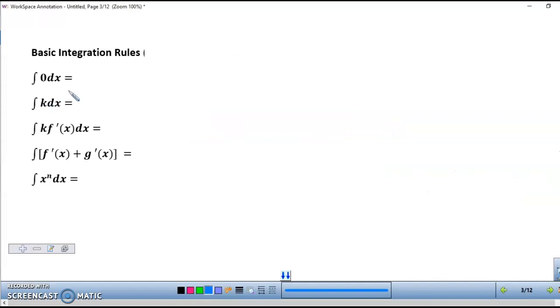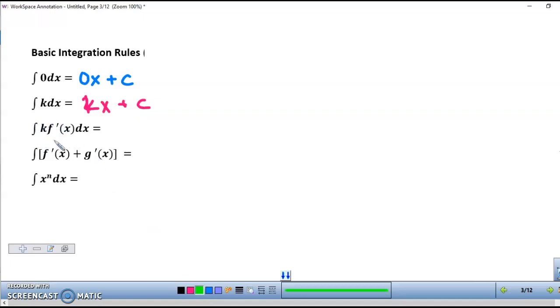Some basic rules that we need to take into place. If I integrate 0, that's really like integrating 0x, but I could have had some constant to start, so we'll take that plus c. If I had k, this is like taking the integral of 2 or something, k is constant, I would then have, well, let's use k instead of the actual number 2. Kx plus some value c.